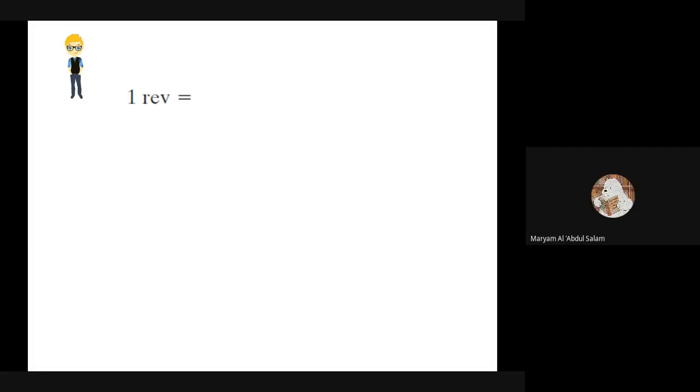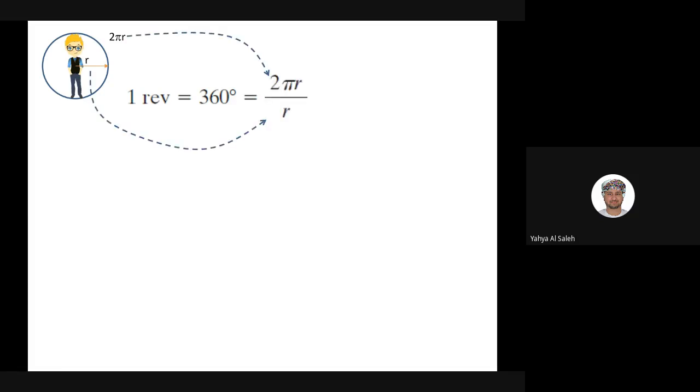360. Okay. And what's the distance he has gone through? 2 pi r. Now, if I say he has gone 2 pi r, and I want to find theta, so it's s over r. 2 pi r over r, I end up with 2 pi radians.